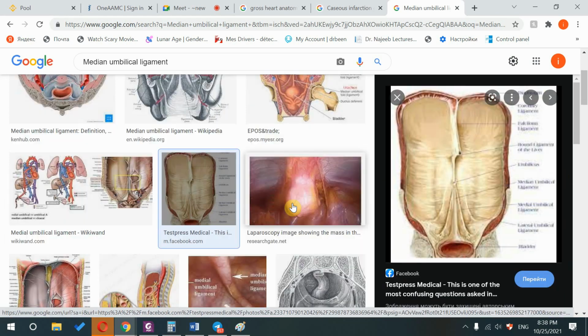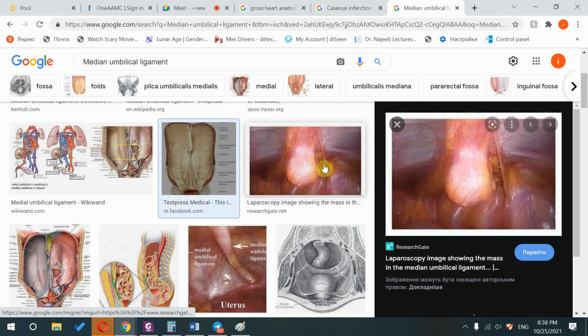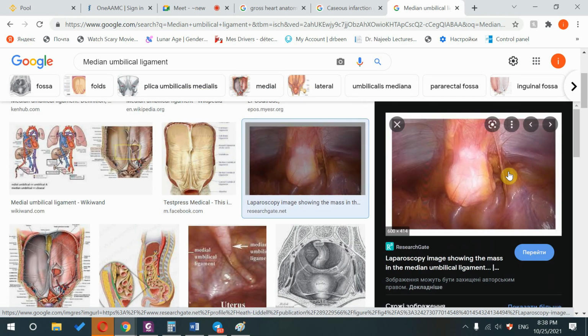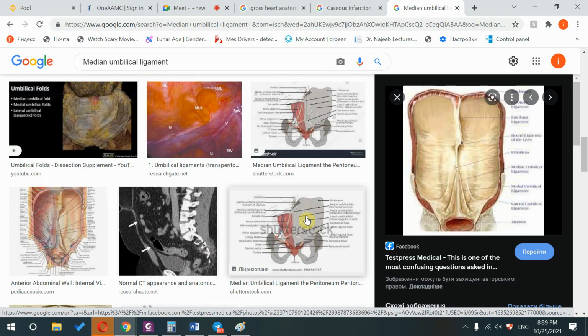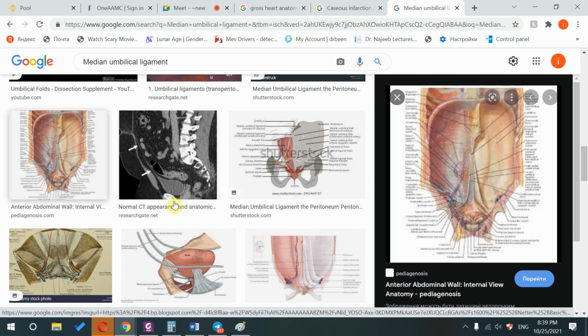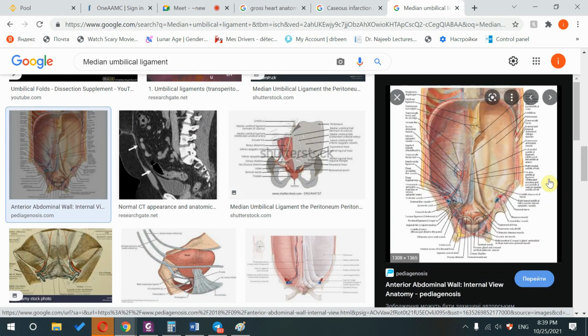Why is it important? Hopefully one of you in the laparoscopy lab one day will know what this structure is. Should he cut this or not? If he cuts this, will the patient bleed as hell and sue him? Probably. So yeah, you need to know this structure. I just want a good picture. Yes, this one is perfect.